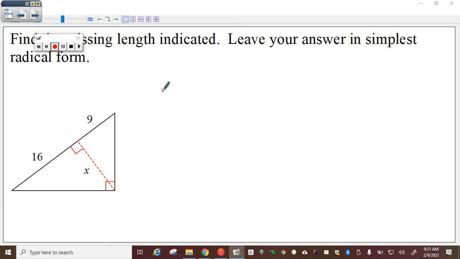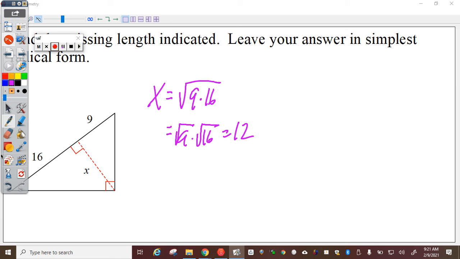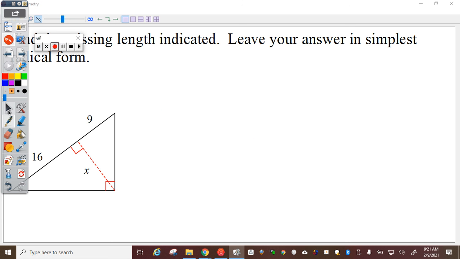Right, so in this case, we would say that x is equal to the geometric mean of 9 and 16, which would be the square root of 9 times the square root of 16, which would give me 12. Okay? You okay with that? All right. You good? Okay.